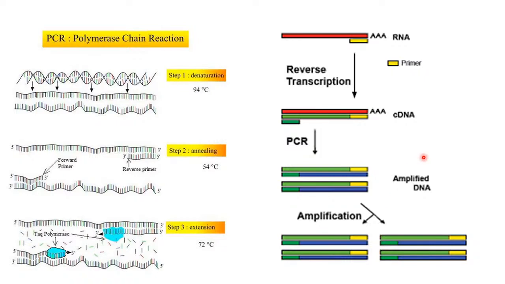Here we are going to discuss how, by using real-time PCR, we can understand gene expression. Gene expression means how much mRNA a particular gene is forming, or how much a particular type of gene is expressing in a particular type of cell. So we'll start from RNA, convert that into cDNA, then do the normal PCR reaction.